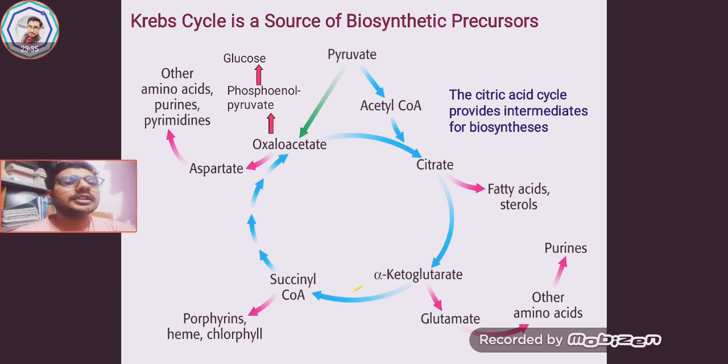Succinyl coenzyme A can form porphyrins, the heme part and chlorophyll, whereas oxaloacetate can form aspartate, which will form purines, pyrimidines, amino acids and other compounds. Oxaloacetate can also undergo gluconeogenesis, via phosphoenolpyruvate, and ultimately form glucose. We will see this in the next video.